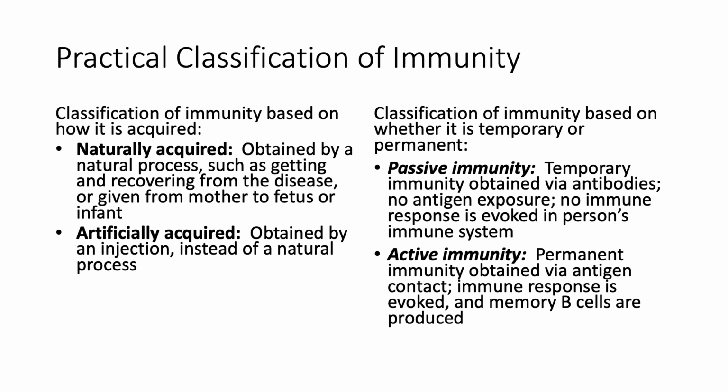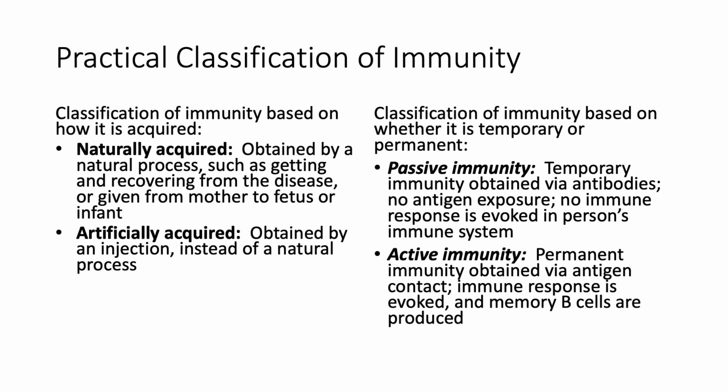You give the person already prepared antibodies. For example, if there is snake poisoning or scorpion poisoning, you give the antitoxin. That is artificially acquired passive immunity.